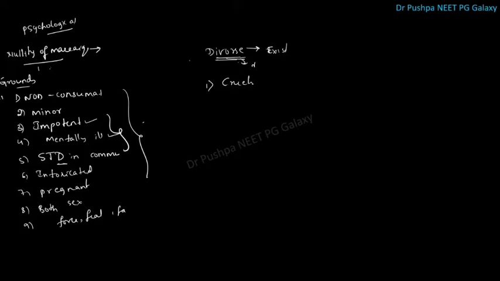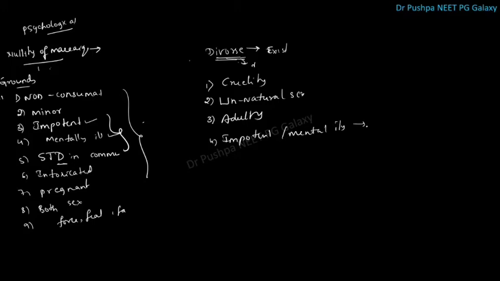One is cruelty, if the partner is having unnatural sex, or adultery, and if the partner is impotent or mentally ill, not at the time of marriage, but subsequent to marriage. And one question will come: whether sterility is a ground for divorce or not. Sterility is not a ground for divorce, but impotency is a ground for divorce.